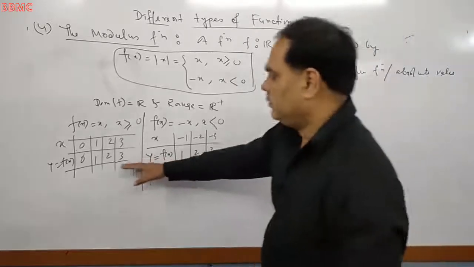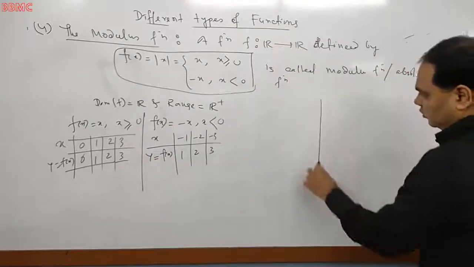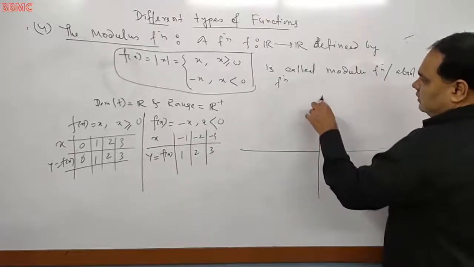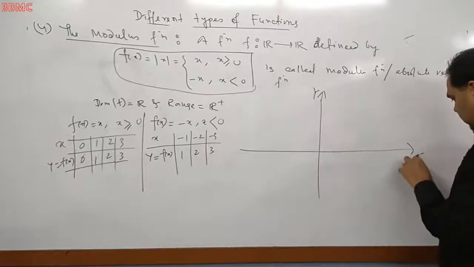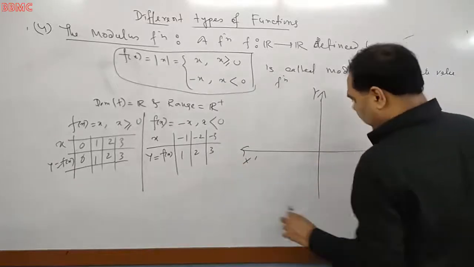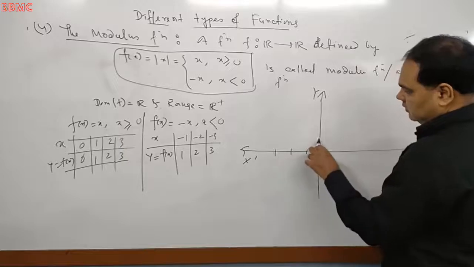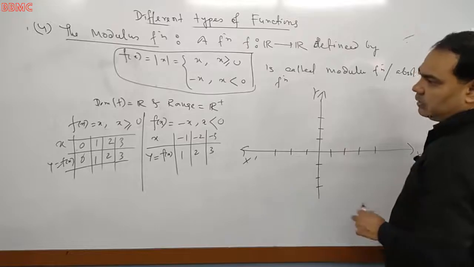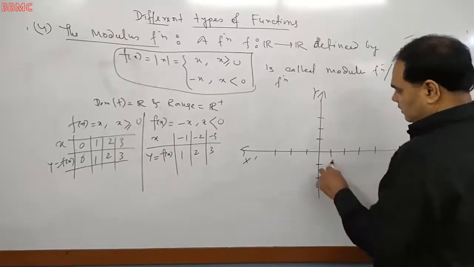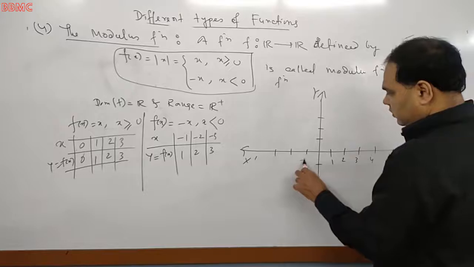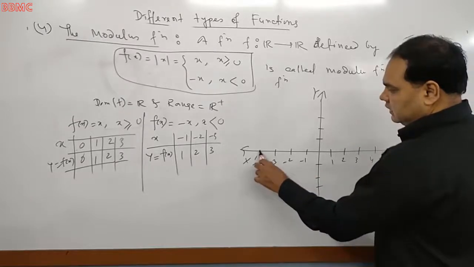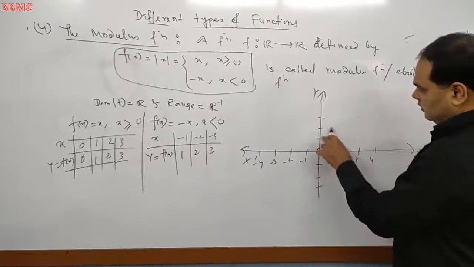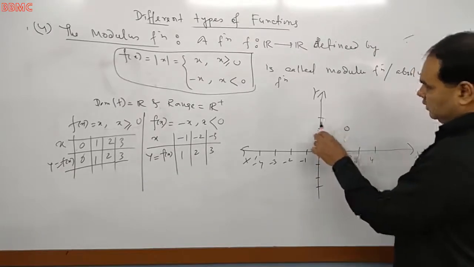So let's go to the graph. This is called a rough sketch. This is y, this is x. Very important, remember this. First one: 1, 2, 3, 4, minus 1, minus 2, minus 3, minus 4, 0. Points 1, 1; 2, 2; 3, 3.